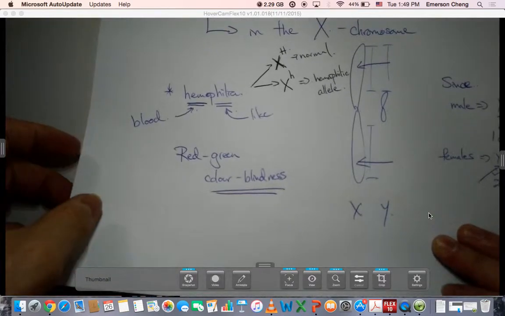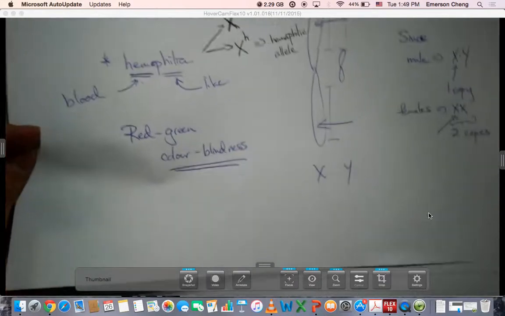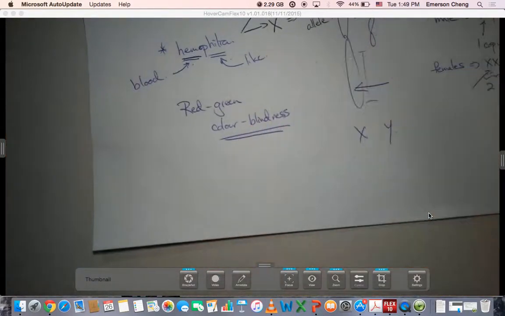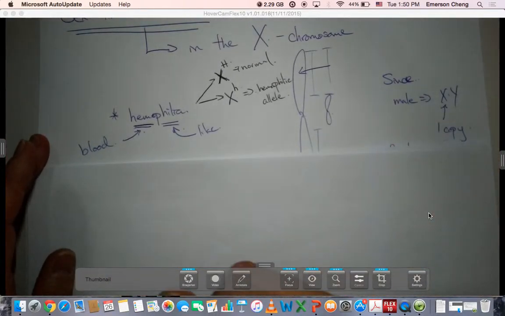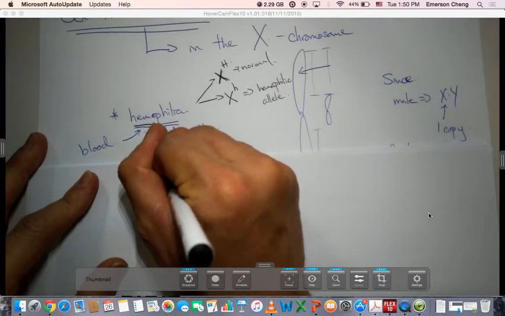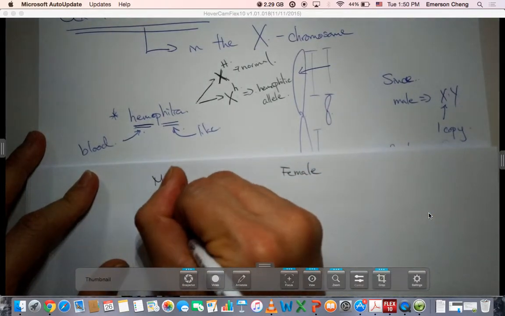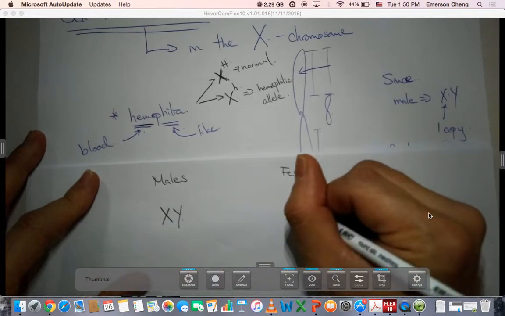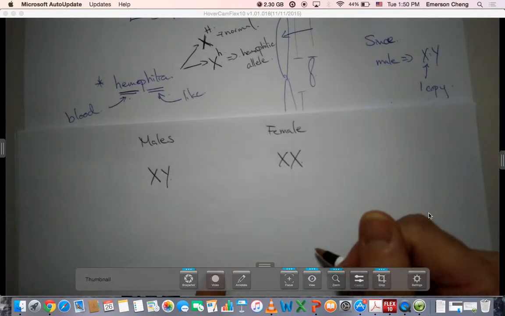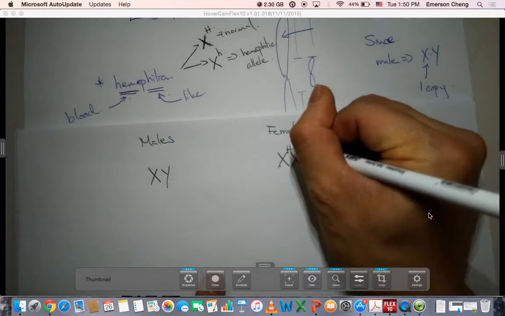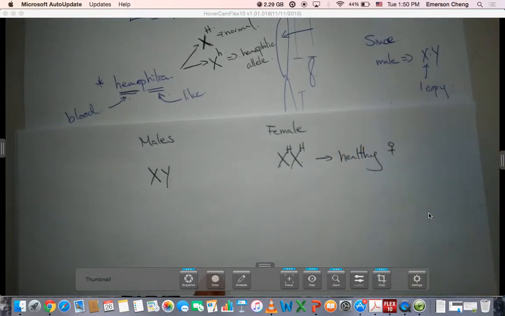Because it is sex-linked, let's talk about the genotypes and phenotypes you can get. You're male or female. Males are XY. Females are XX, so females have a number of possibilities. If both are capital H, that lady is a healthy female.